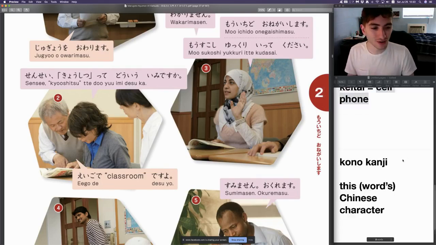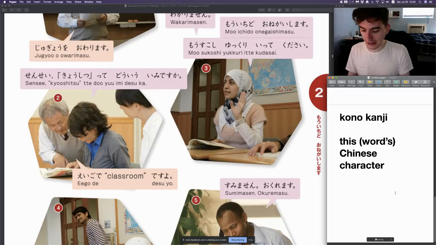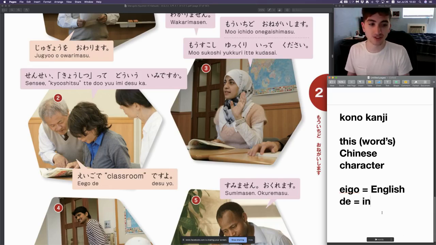Remember, 英語 means English, and で in this case means in. So in English, 英語で classroom ですよ. ですよ is what a sensei will use when they are giving you the correct information.